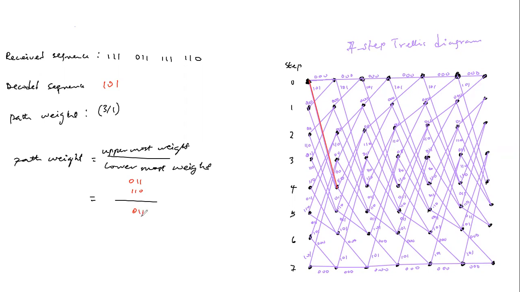That's from step 4 with 0. So this will give us the weight of 1 0 1, that is 2 over 0. So again, we have 2 over 0 weight here. So it means we are going downward because the path with the least weight is downward here.